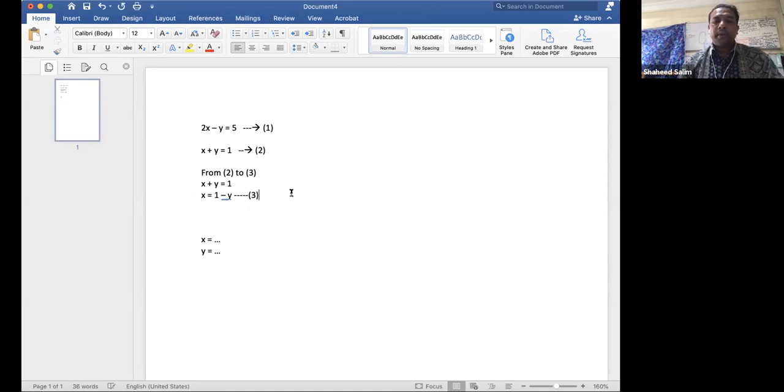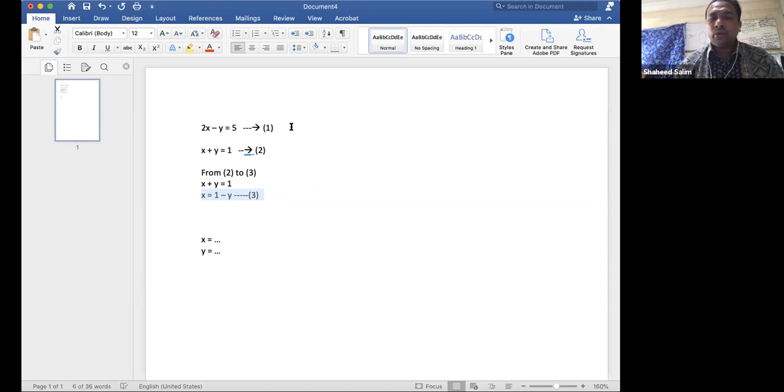Now remember, equation 2 and equation 3 are from the same stem. They are from the same roots. It's actually the same equation, because I just rearranged it, so 2 and 3 are the same equation. So now this one I must substitute into 1.